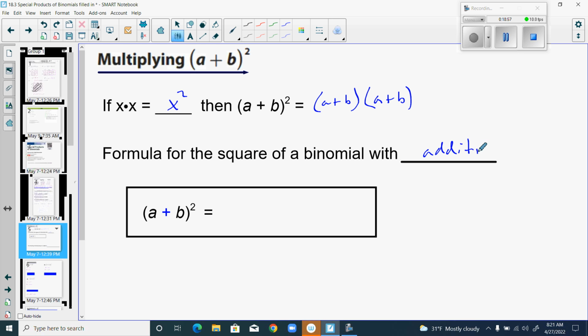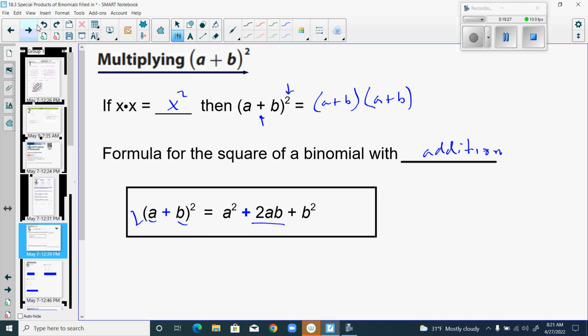So the pattern is this: we take the first term and square it. Then we take 2 times a times b, whatever a and b are, and that gives us our middle term. And for the last term, we just take the last term of the problem and square it to get our answer.